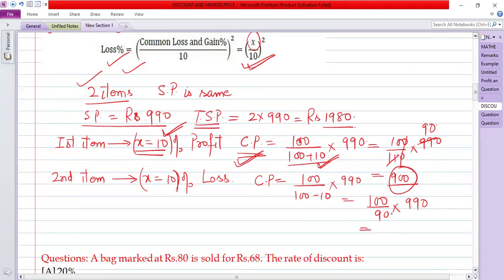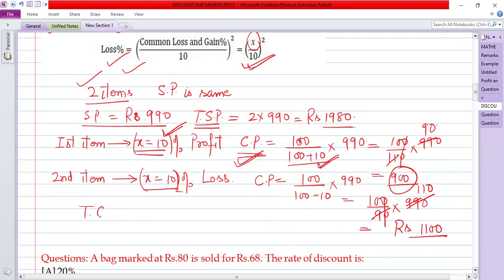Further, it will cancel out. So here it is 11, 110 and 110 into 10, it will give us rupees 1100. So this is the cost price of the second article, which was sold at 10% loss.